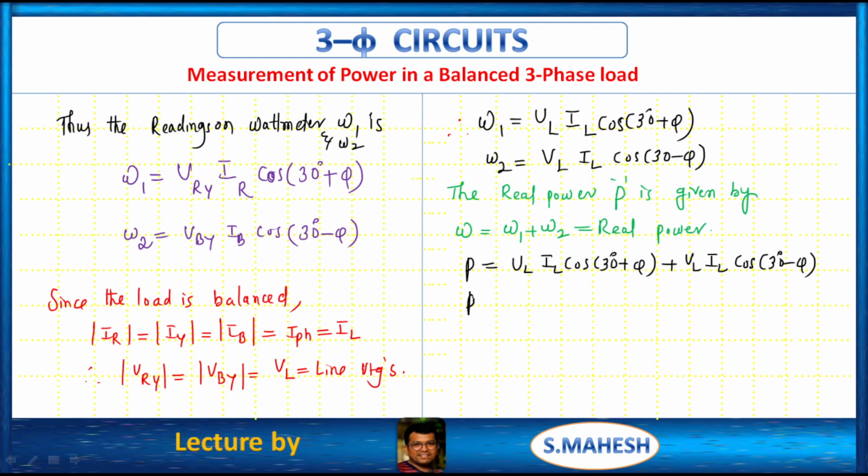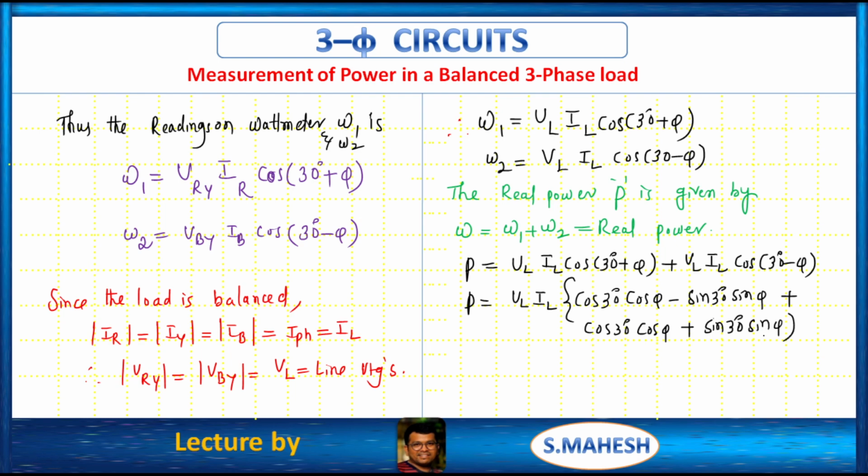From this, P is equal to what? VL IL is common. This is cos 30 plus 5 plus cos 30 minus 5. That is cos 30 cos 5 minus sin 30 sin 5 plus cos 30 cos 5 plus sin 30 sin 5, right?